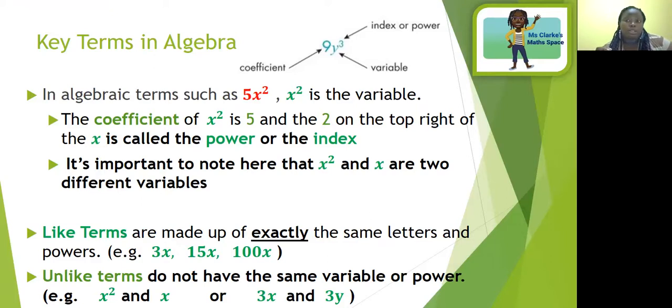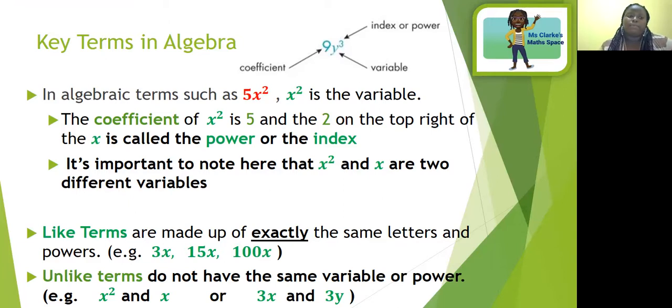It's important to let it stick that x squared and x are 2 different variables, just like mangoes and bananas are fruits, but they are two completely different fruits. Apples, bananas and grapes are all fruits, and they're all variables, but they are different. So x and x squared are different variables.